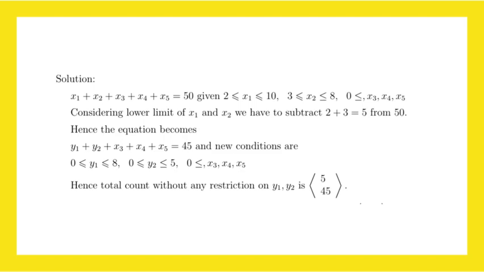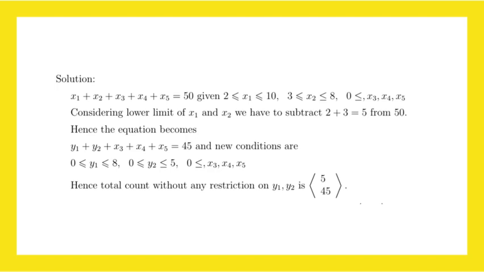So instead of making the problem difficult by putting lower limits, it is as good as the moment you go to the shop, you buy those 2 ice creams of the first flavor, put them in your bag, buy 3 ice creams of the second flavor, put them in your bag, and now you solve the new problem. The new problem will be y1 plus y2 plus x3 plus x4 plus x5 is equal to 45 with lower limit at 0 for all of them and an upper limit for y1.